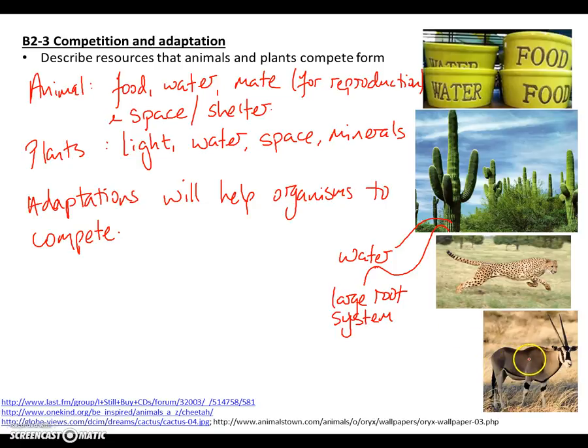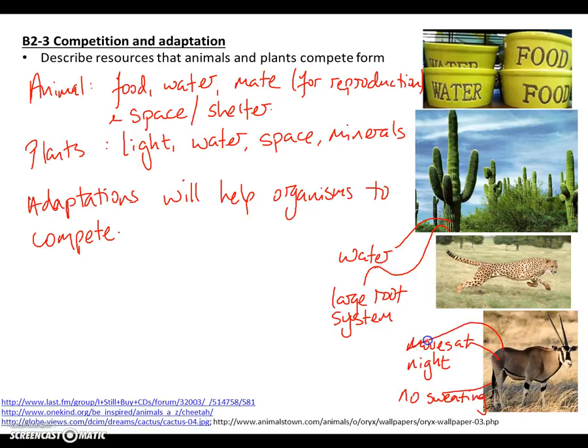And then you've got the oryx here. This is a good example of a well-adapted creature. It lives in desert-like conditions, very dry conditions. So it's nocturnal, it moves around at night. So that reduces its energy expenditure. It doesn't need to cool itself down as much. It generally doesn't sweat, so it doesn't lose water through that way.